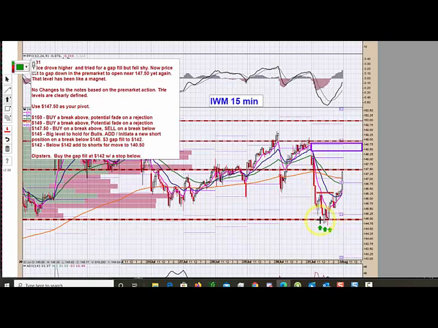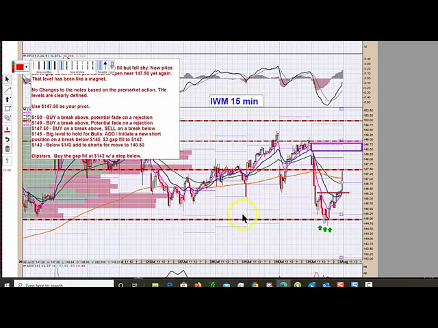But let's say you didn't do that. Let's say you thought it was going to break and you held tough and price reversed on you. You still had your stop. And price took you out right there at 146.25.